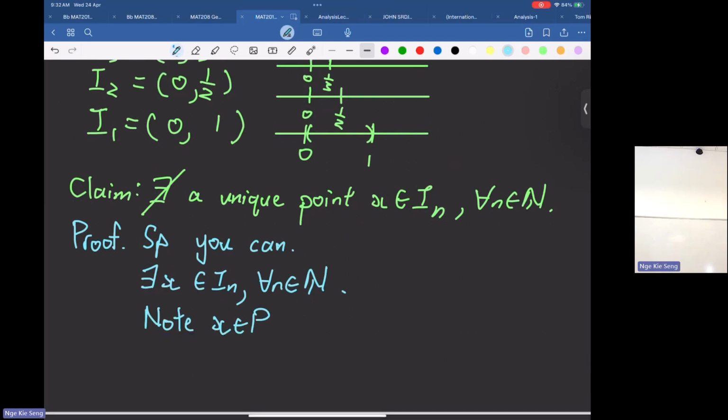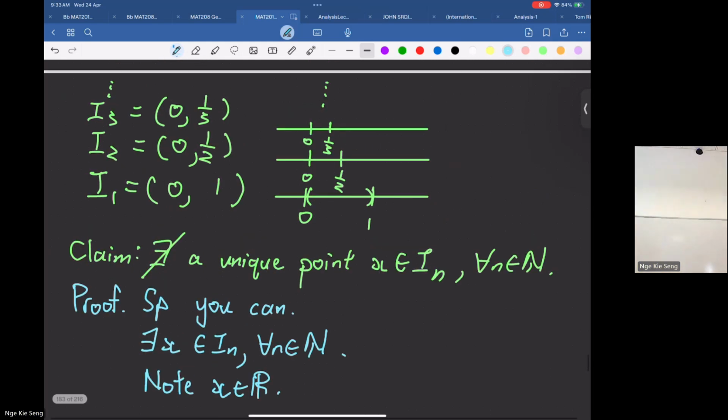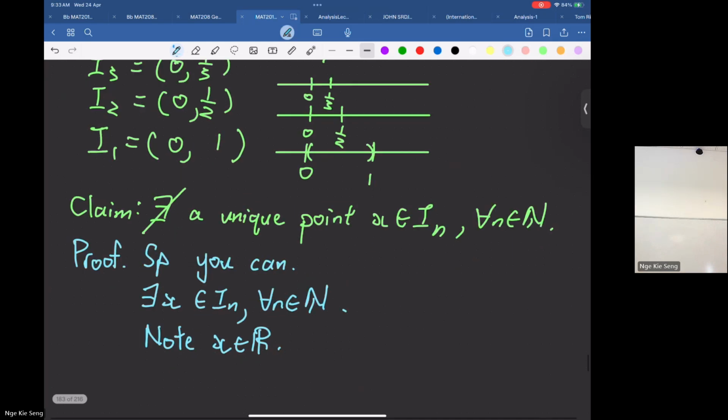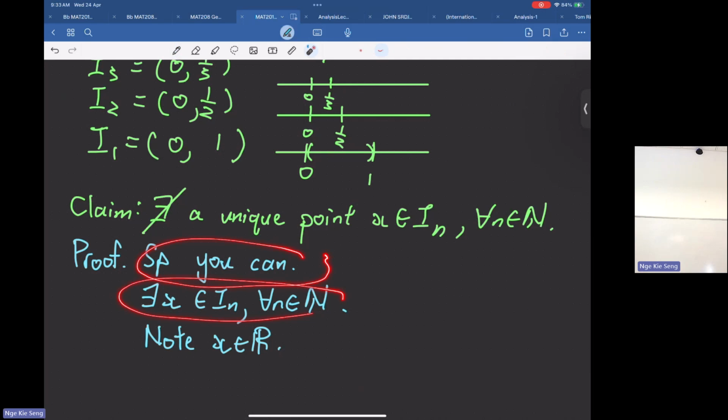It's in the real numbers. You want to get a contradiction. How to get a contradiction? Suppose I have an x again in In for all n. Then what?